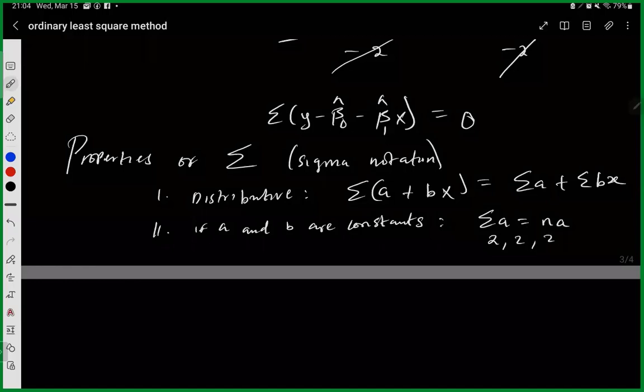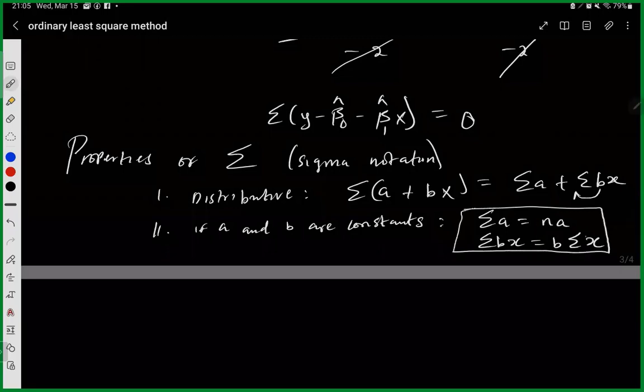And for bx, we can simply factor out this b and leave x with the summation. These are the properties of the sigma notation.